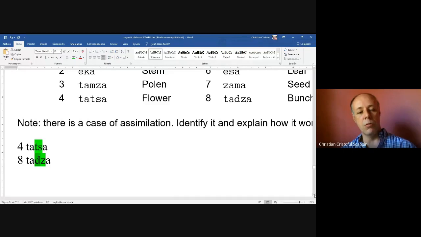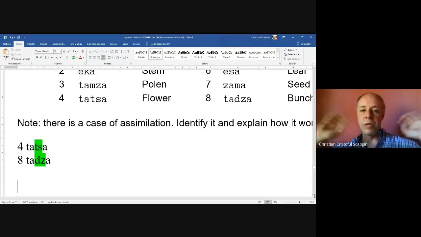Here we know that these are also alveolar sounds. So there is no difference. What is the difference between number 4 and number 8? Voicing. These two are voiceless sounds, and these two are voiced sounds. Okay. So there is a case of assimilation. Identify it. Yeah, we have identified them and explain how it works.